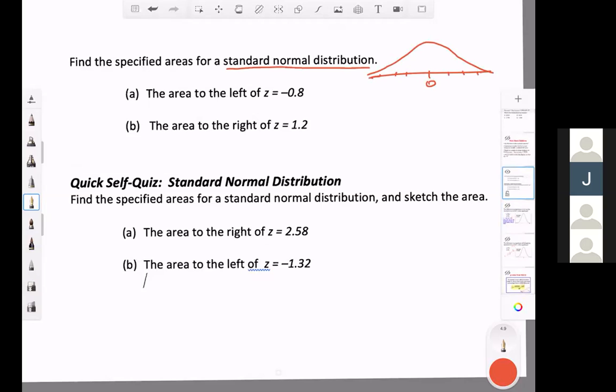When z is negative 0.8, find the area to the left of z negative 0.8. So even if they don't say this, we need to know this negative is here. So if z is negative 0.8, what is this area?